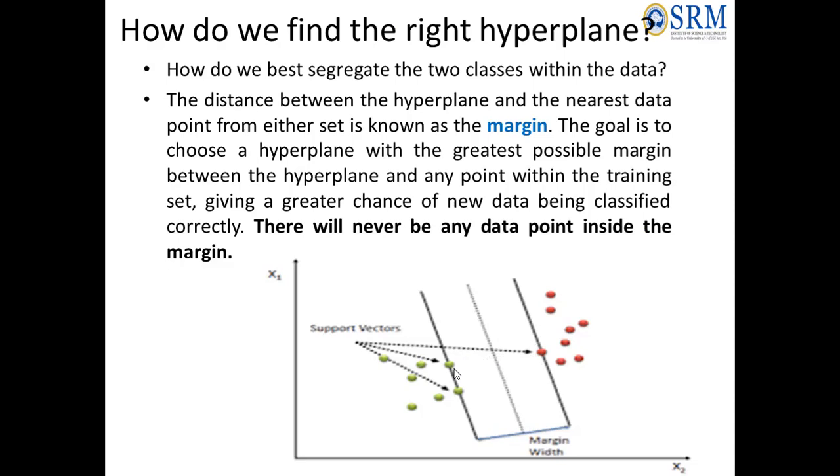The distance from the hyperplane to the nearest point of class 1 is also calculated. When both distances are the same, we say this is the correct hyperplane, and there will never be any data point inside the margin. That is, I give a line here and the margin is placed here; I should not have any data points within this margin.